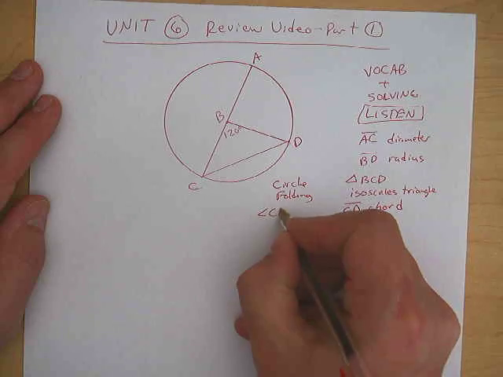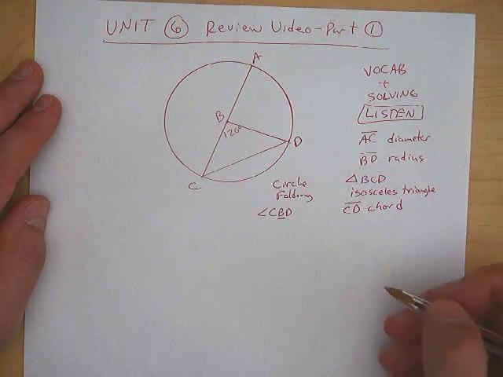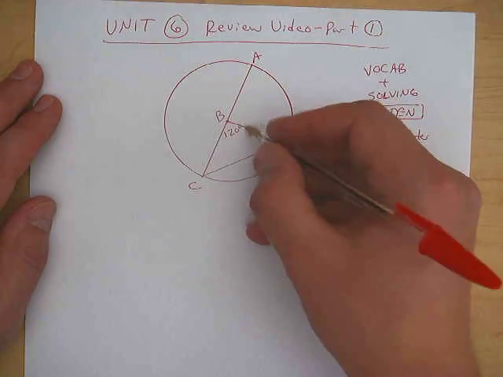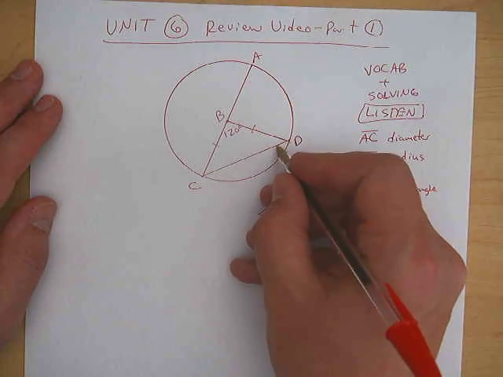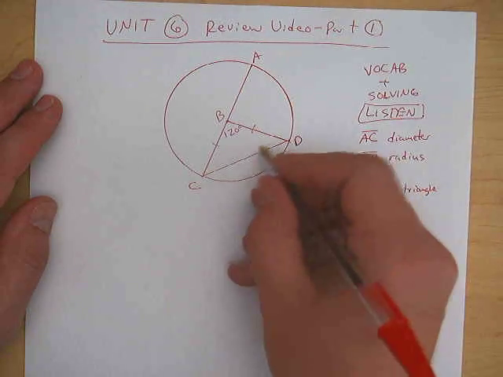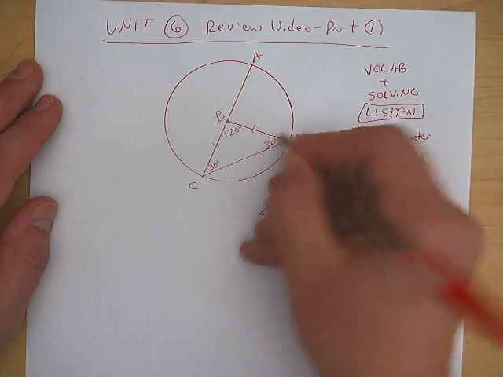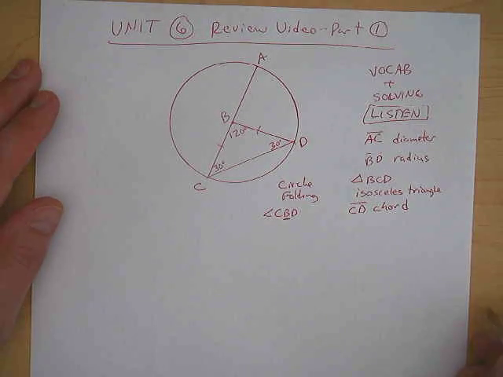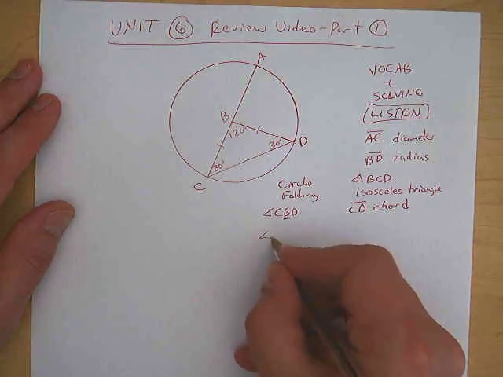That means that this angle CBD, remember the middle letter is the vertex, was 120. And since this is an isosceles triangle, these two sides are the same length, so these two angles had to be the same. This is going to be 30. This is going to be 30. Because 30 plus 30 plus 120 equals 180 degrees.